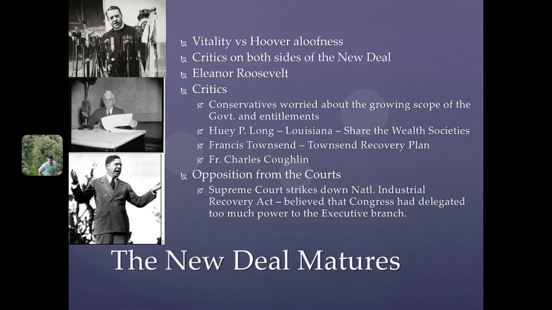The last guy we've got up here is Charles Coughlin, Father Charles Coughlin, the radio preacher. Coughlin called for the free coinage of silver, much like we saw during the Progressive era with William Jennings Bryan.